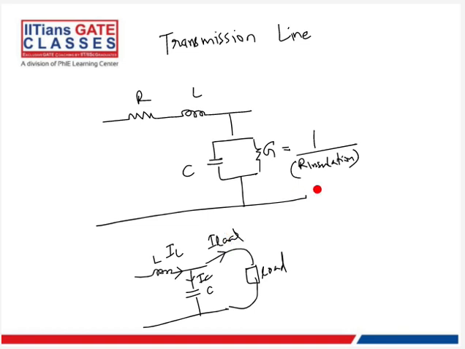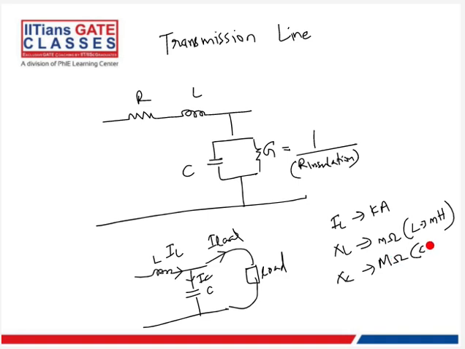Usually IL will be in terms of amperes. What would be XL in terms of? It will be in terms of milliohms. Why? Because L is usually in terms of millihenry, right? And XC would be in terms of megaohms. Not milli, it will be megaohms. Why? Because a capacitor is usually in terms of microfarads, right?